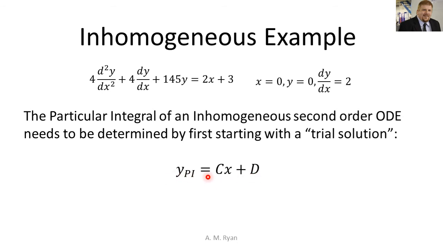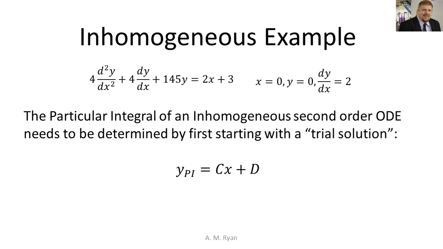What we're now going to do is work this into the left hand side of the equation. So we've got y, this will be our ypi, then dy dx, so we'll need to differentiate it, and d squared y dx squared, so we'll have to do the second differential of y.